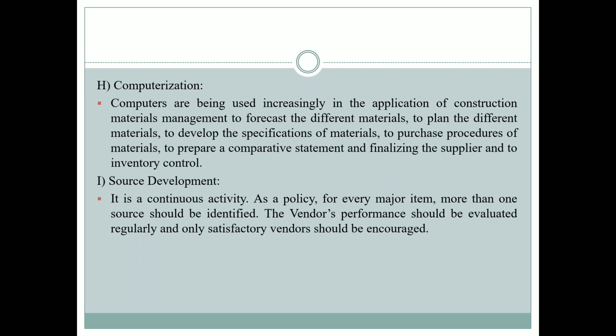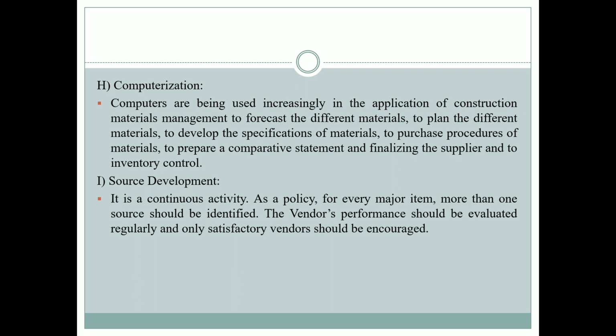Next, source development. Source development is a continuous activity. As a policy, for every major item, more than one source should be identified. That is nothing but I want to get some sources. If I am getting cement from one source, I have to focus on some other companies which also supply the cement.